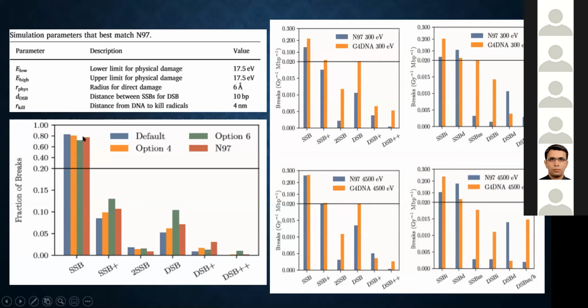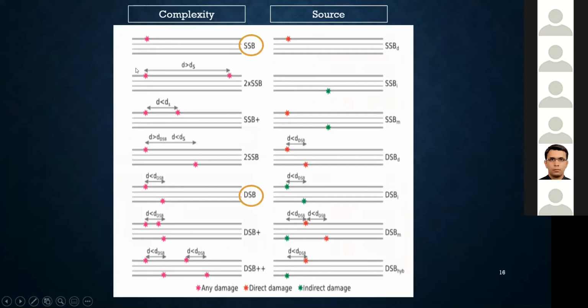As I said before, the most selected option is option 4, and you can see that it is even the one closest to N97 in each of the different damage classifications that we have for the single strand break and for the double strand breaks.